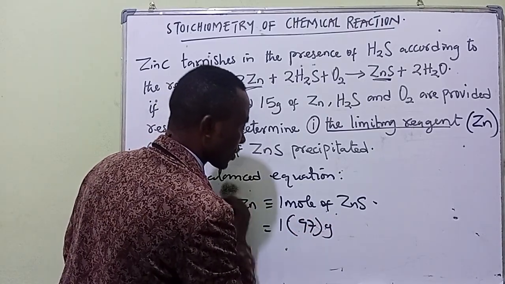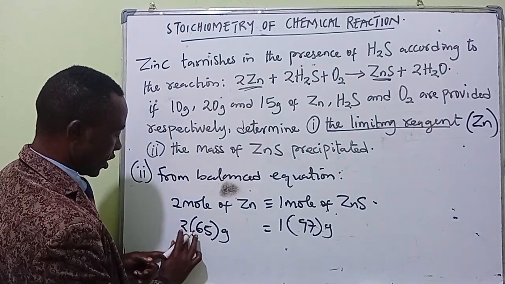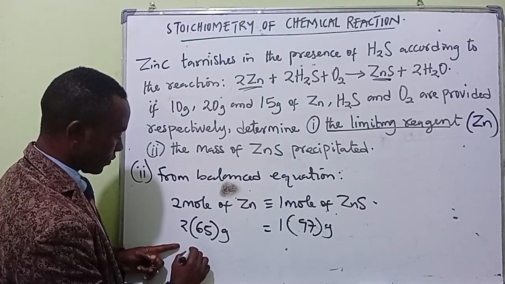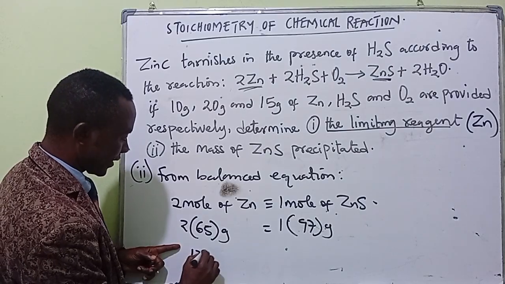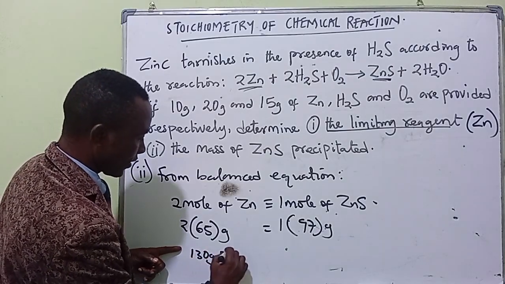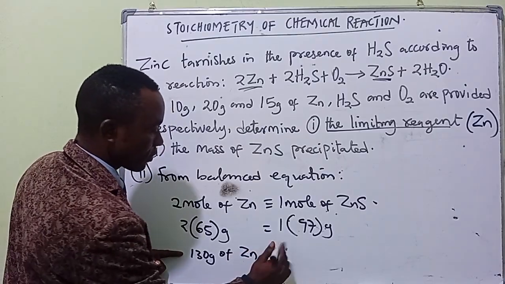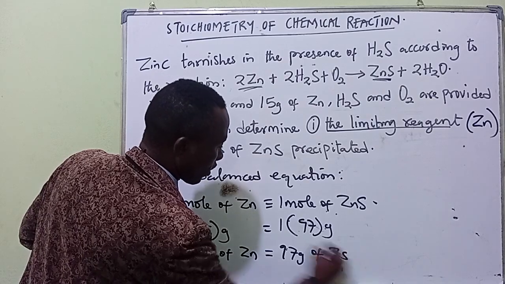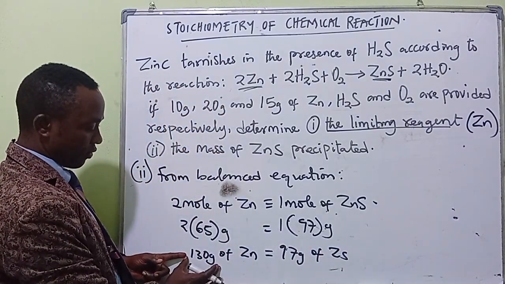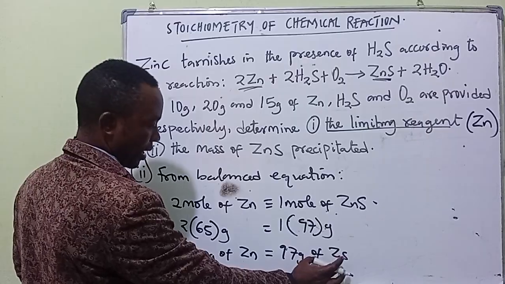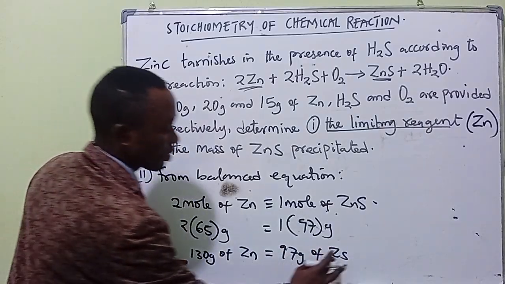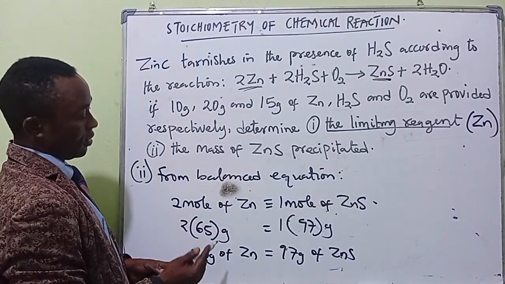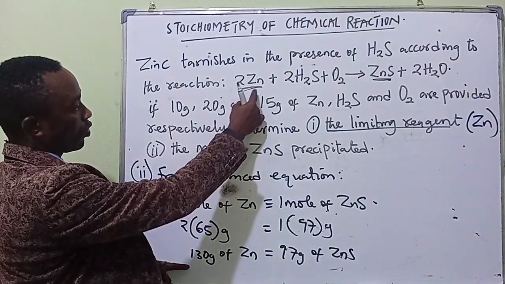So what it simply means is, if you multiply this by this, you will get 130. So we have 130 gram of zinc, we need 97 gram of zinc sulfide. So if 130 gram of zinc requires 97 gram of zinc sulfide, then what is the mass of zinc given to us in the equation?